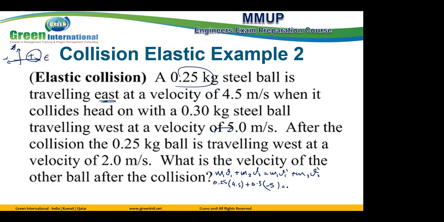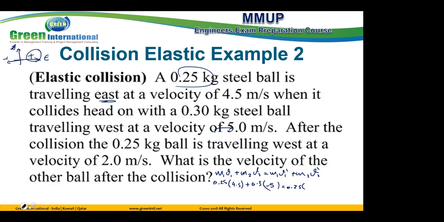Equal M1, not a change, even if it's given. V1 dash is required, correct? No. V1 dash is 2 meters per second, which is given here. After the collision, it's traveling west at 2 meters per second.